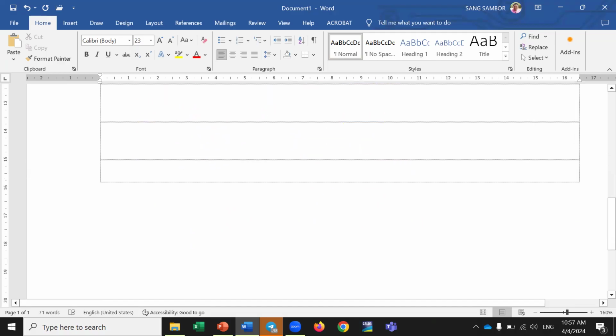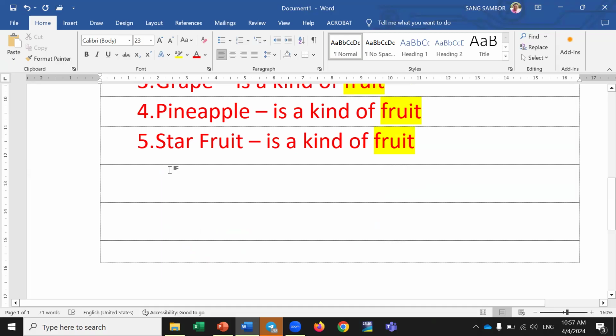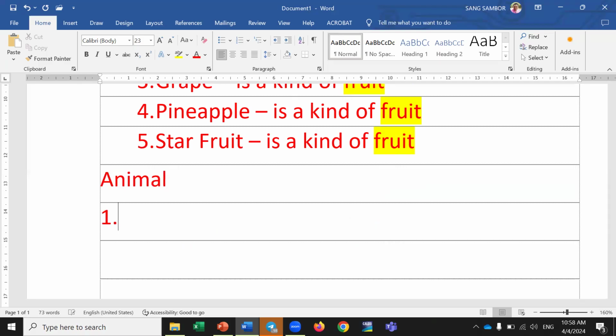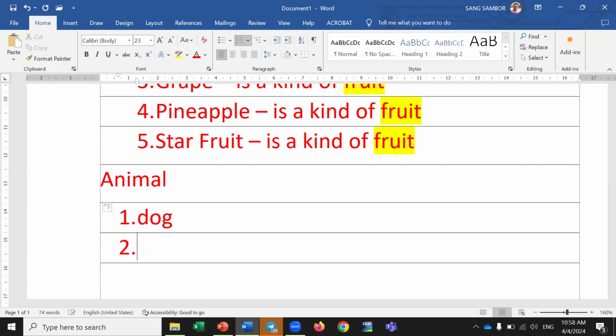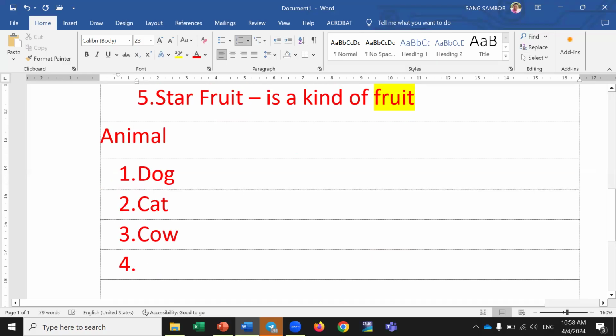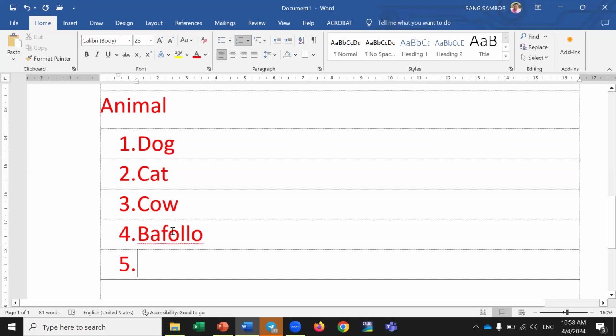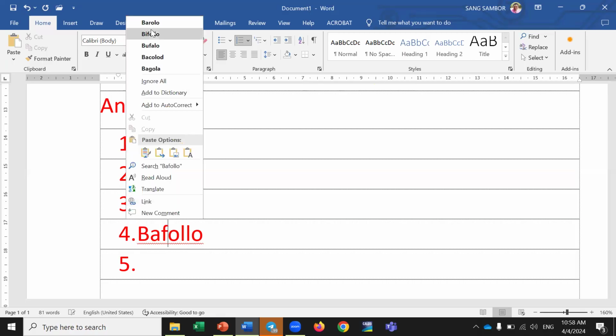You may have others. I am willing to give you more examples. Example like animal. So animal, you may have dog, you may have cats, you may have cow, you may have buffalo, you may have on and on, right?